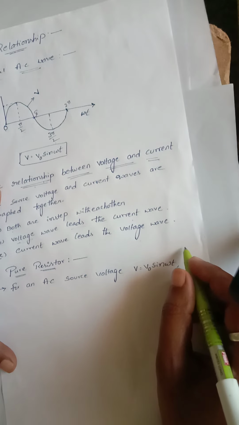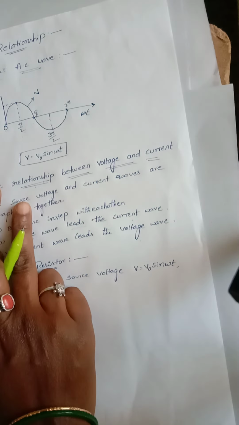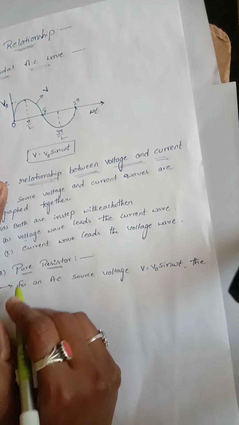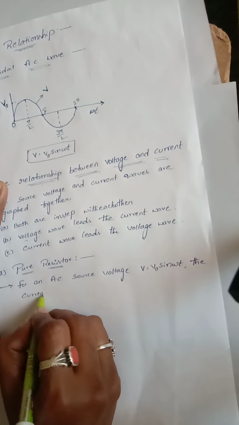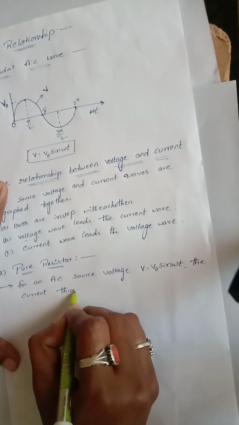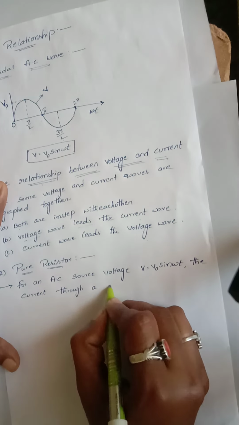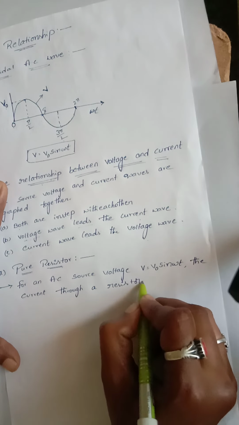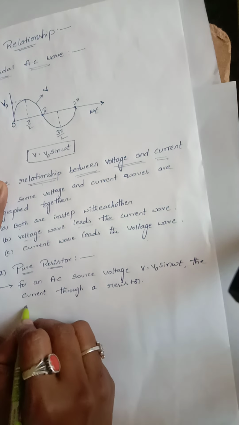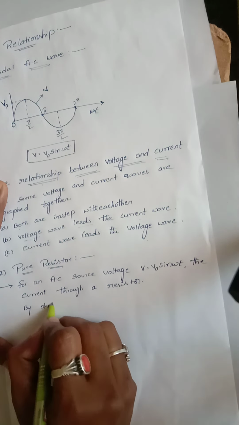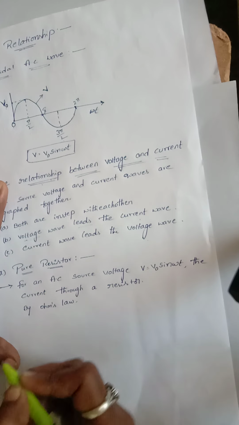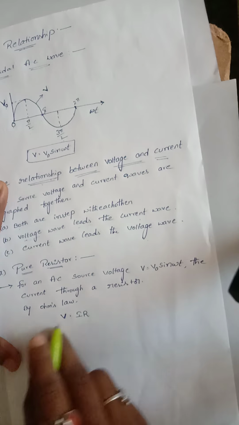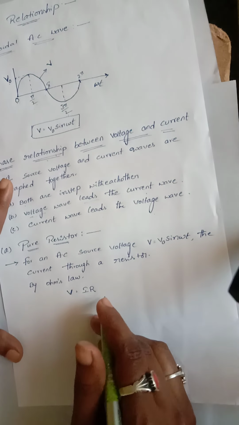Here, when voltage is applied, the current passes through the resistor in the circuit. By using Ohm's law, V is equal to IR.